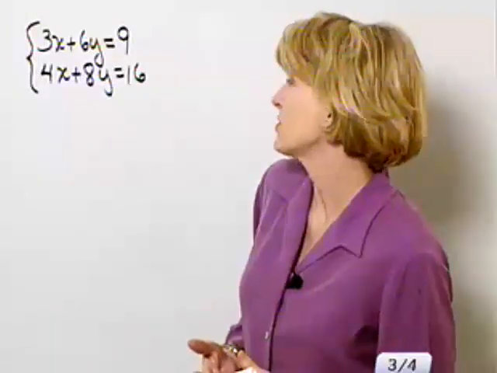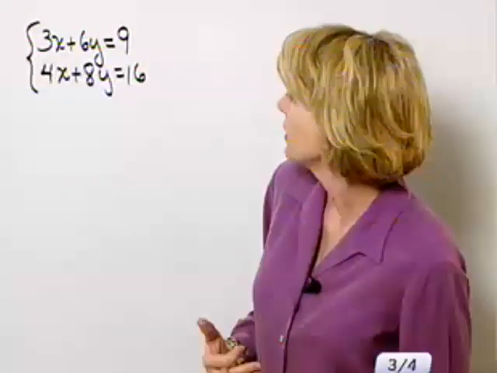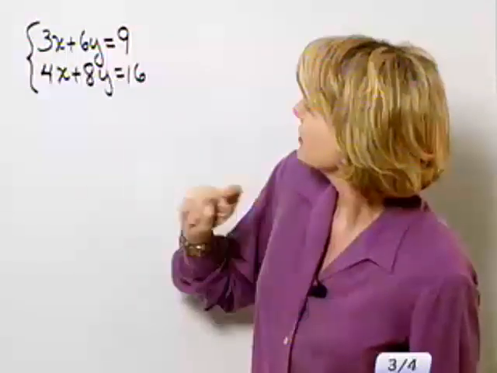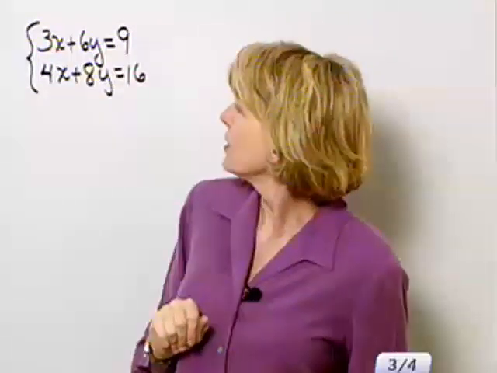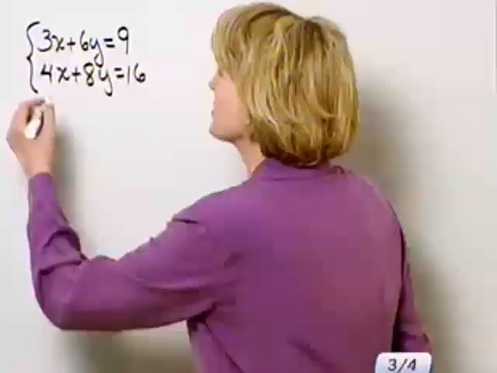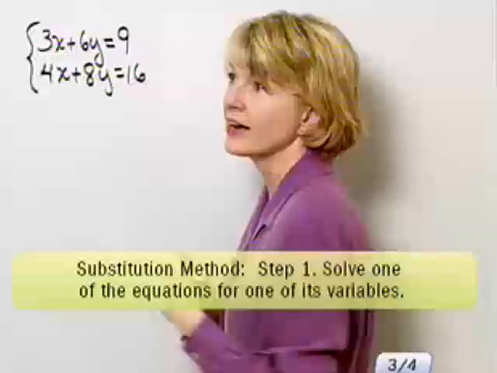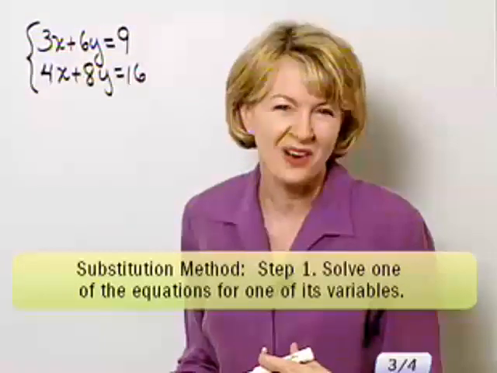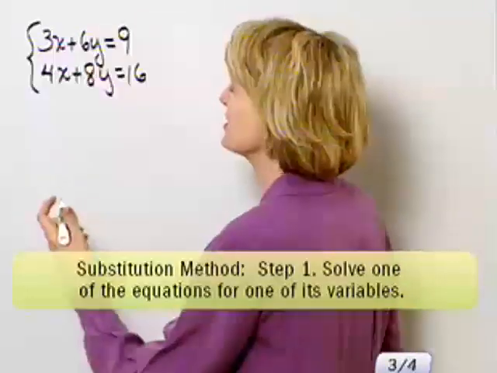Well, we don't have such a variable here, so I'm noticing that all of these coefficients and that constant are multiples of 3. So let's go ahead and choose, say, equation 1, and I'll choose x. But there are certainly other ways of solving this system by substitution.